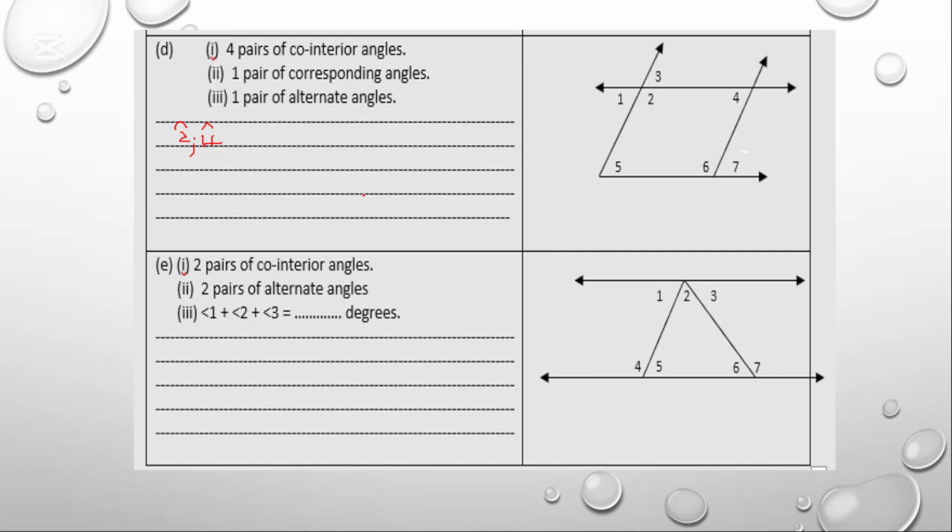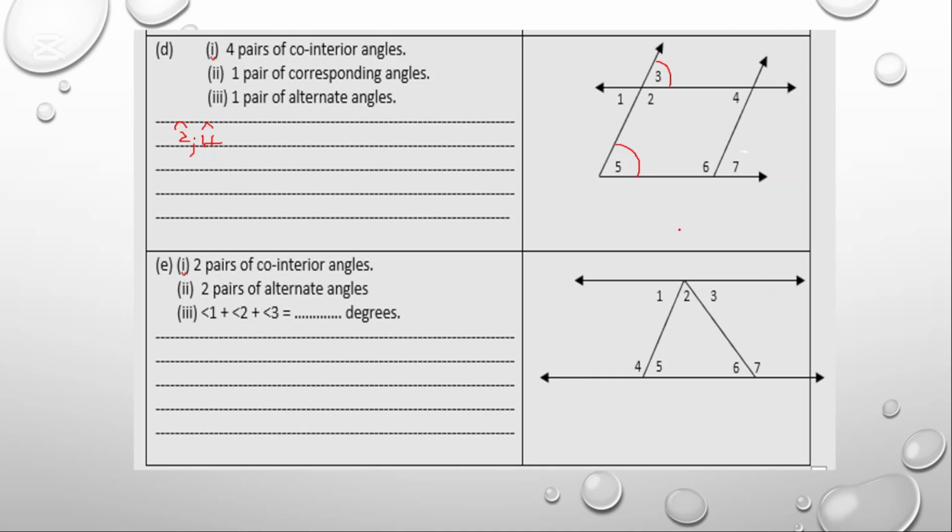Same position where the lines intersect. So your answer will be 3 and 5. Right, that is one pair of corresponding angles.